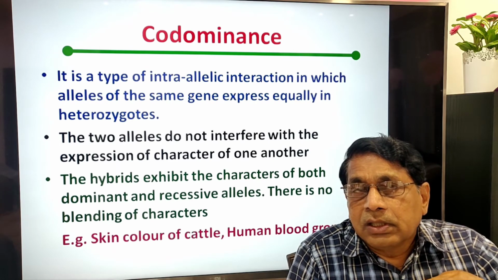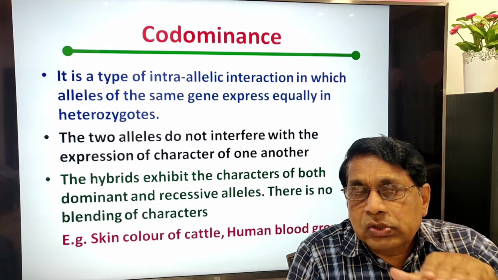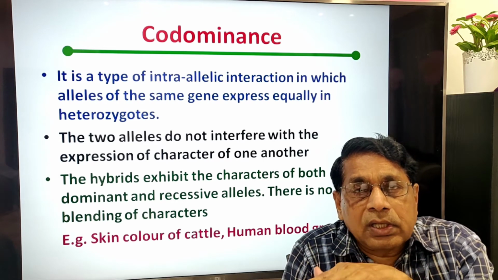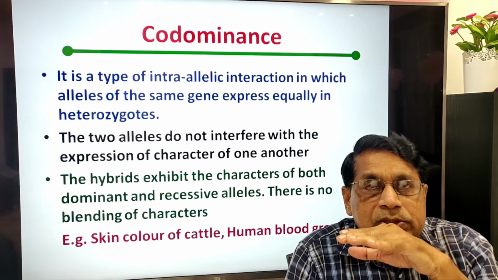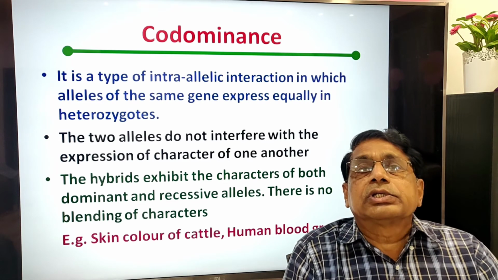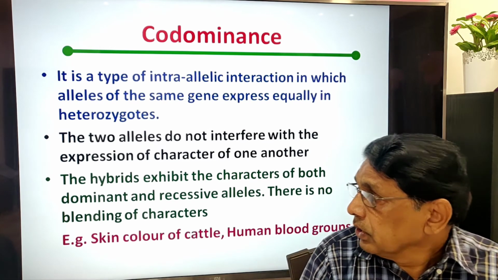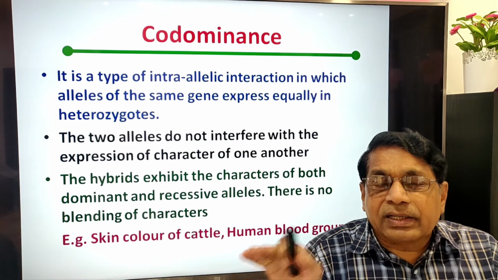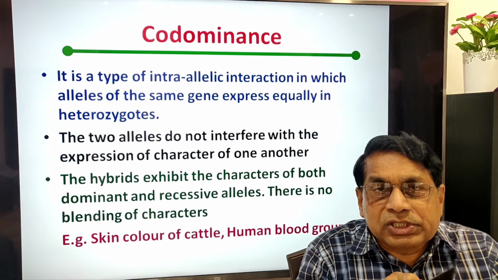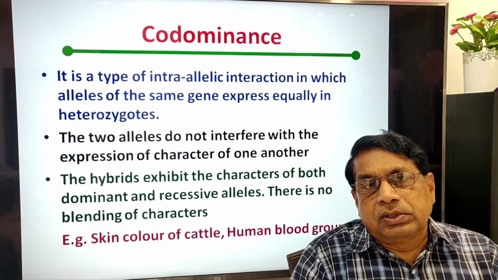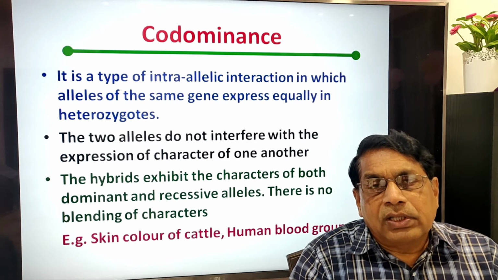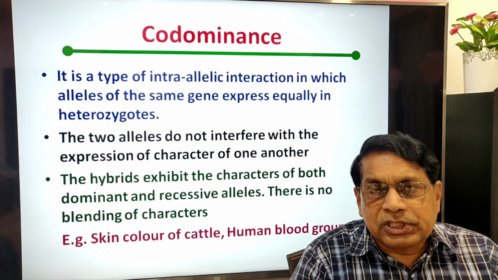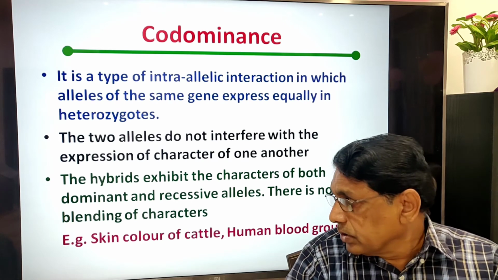But here, one character does not interfere with another character with regard to their expression in the F1 generation. There is no blending of characters, meaning mixing of characters. They are free, they are independent, they are expressed at the same time, side by side.